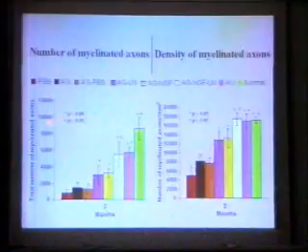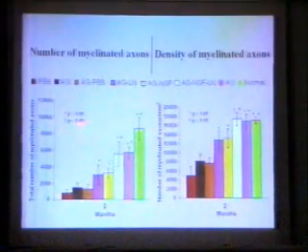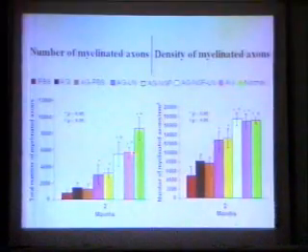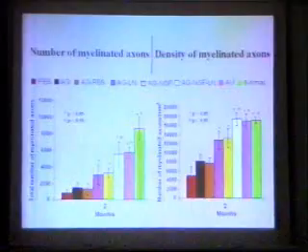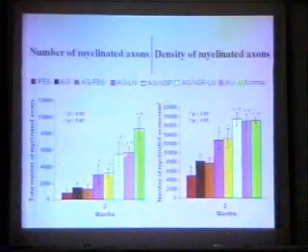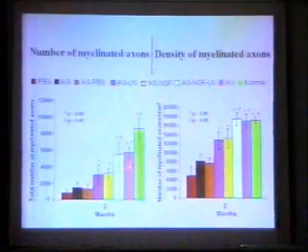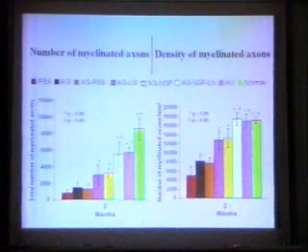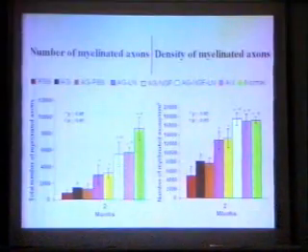Your native nerve has about, in rats, in sciatic nerves, 8,000, 9,000 myelinated axons. You're only getting about 6,000 or slightly less with both the autograft and your engineered construct that has both laminin and nerve growth factor. So there is room for improvement. If you look at the nerves that grow back here and ask, are they normal looking, and you do a density measure, which is number of myelinated axons for a given area, they're all the same.